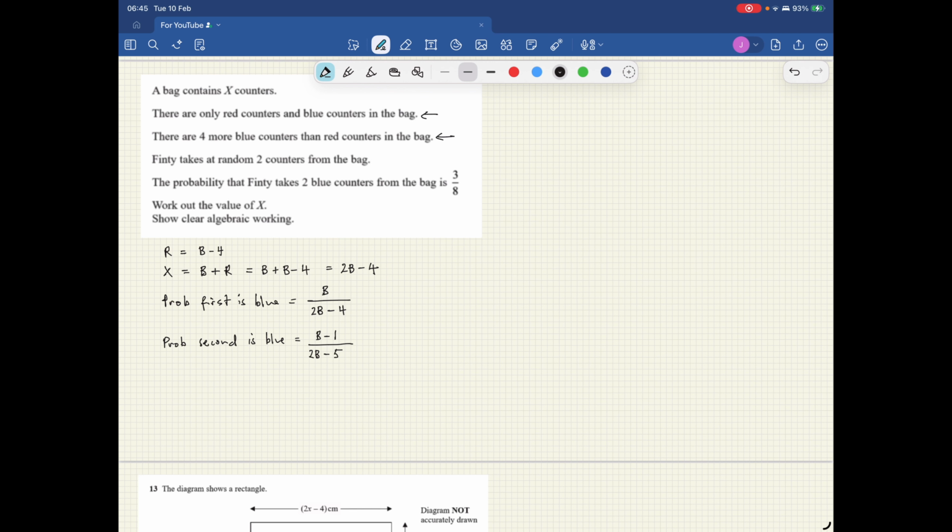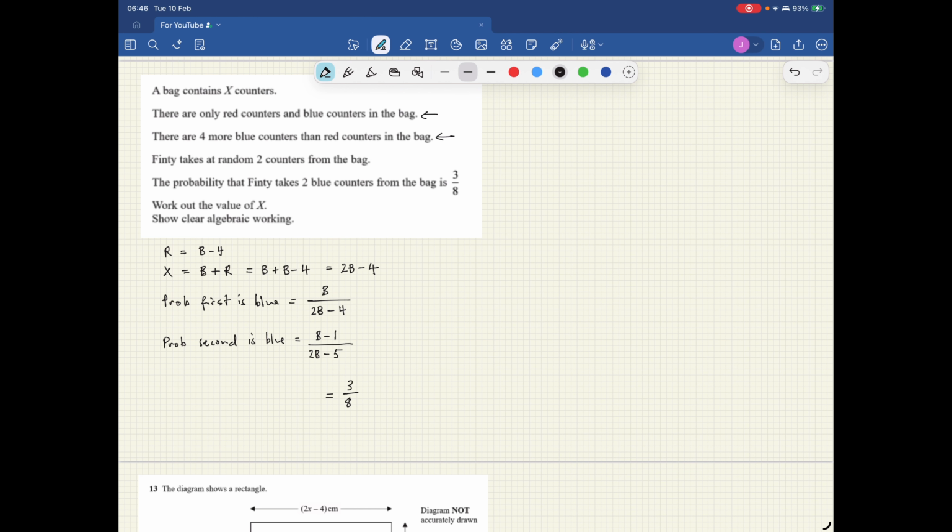The next thing we can do is set up this big equation that equals 3/8, because this is going to be the probability that both of them are blue. Just pause the video and write down an equation that results in 3/8 and is the probability that both of those two counters are blue.